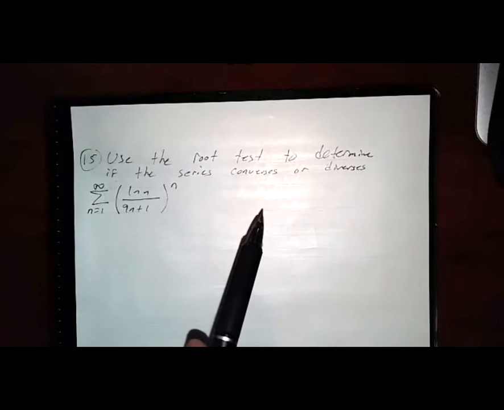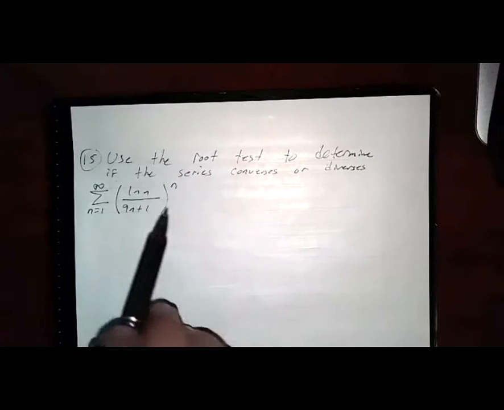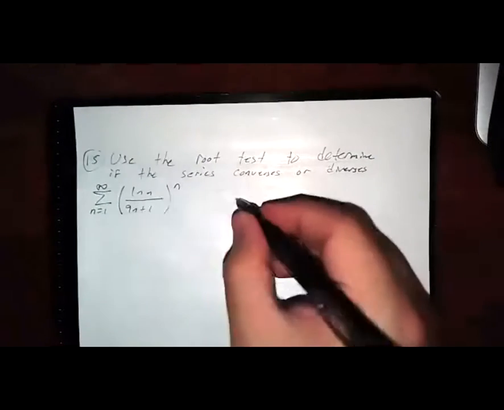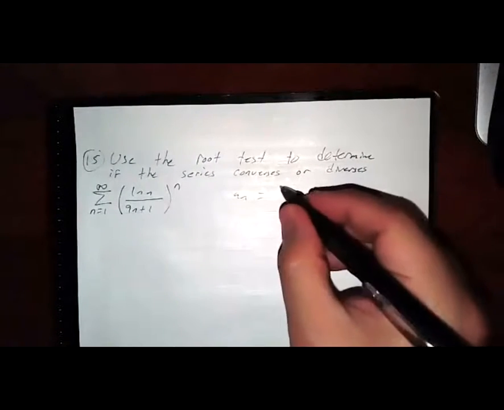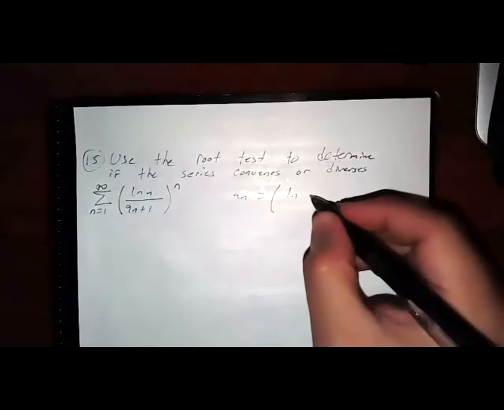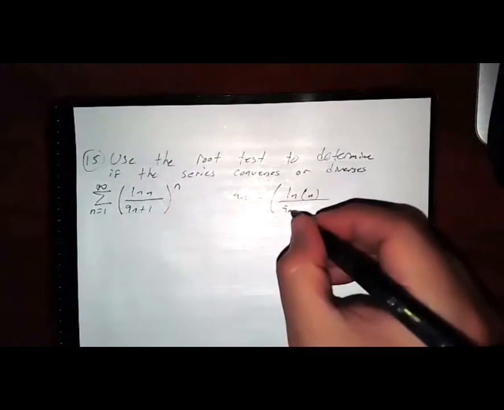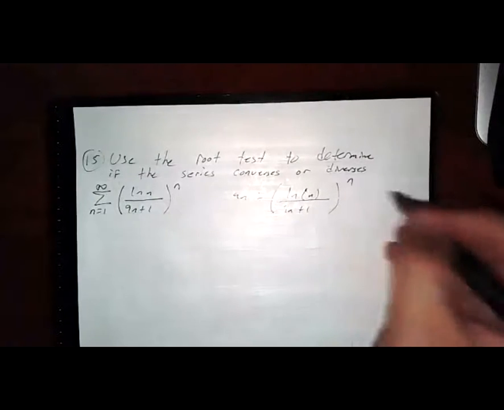The requirements for convergence is the same as the ratio. So the limit, let's write down what a sub n is first. It's a good habit to do. Ln of n over 9n plus 1 to the n.